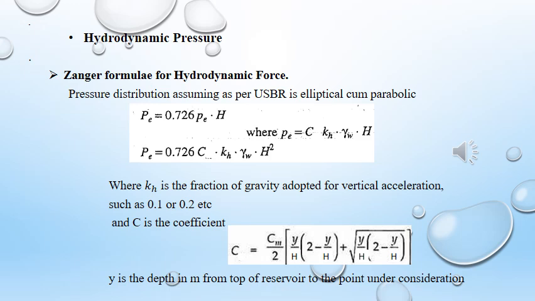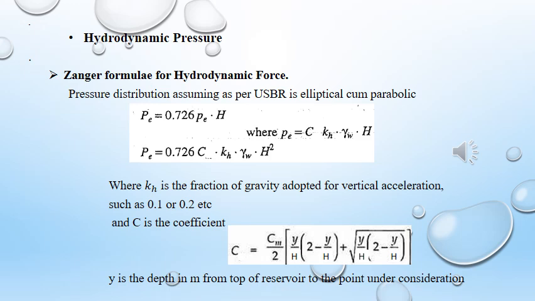This is the fraction of gravity, and gamma w is the unit weight of water, taken as 9.81 kilonewton per cubic meter or 1 ton per cubic meter, H is the maximum depth of the water in meter, and C is the coefficient.